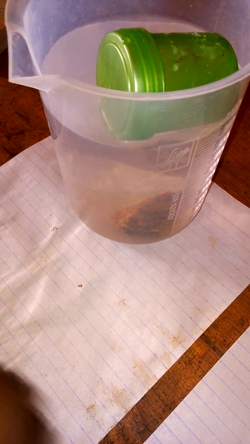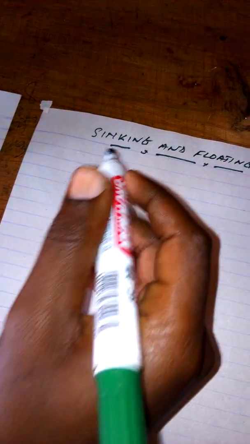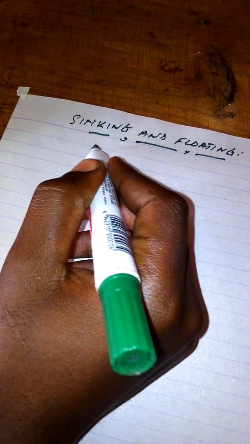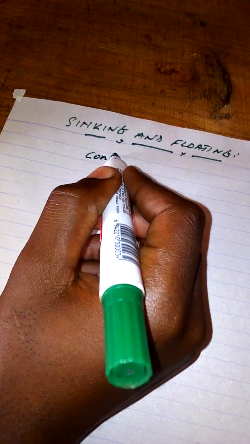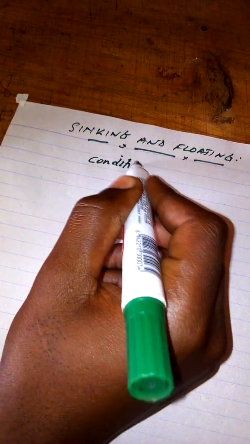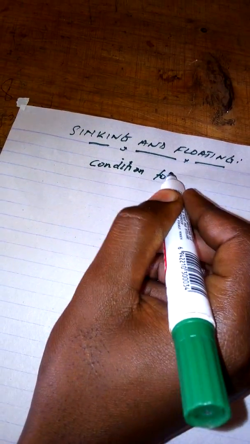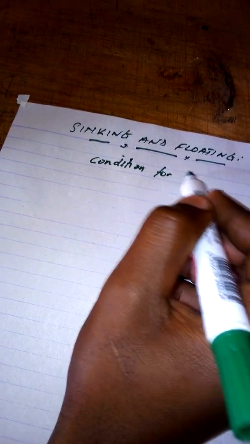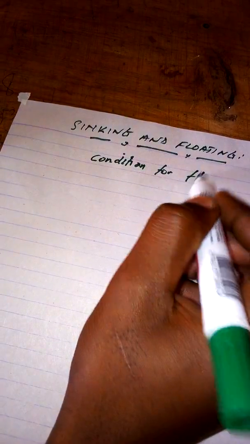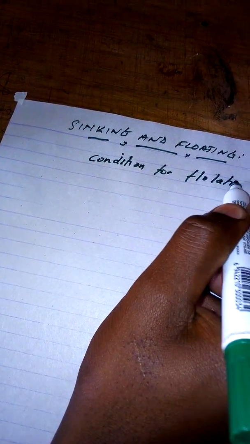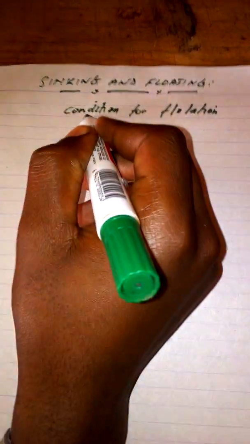Okay. So now we will see what the necessary conditions are that make an object float. Conditions for the body to float and sink, or for flotation. What makes an object float?